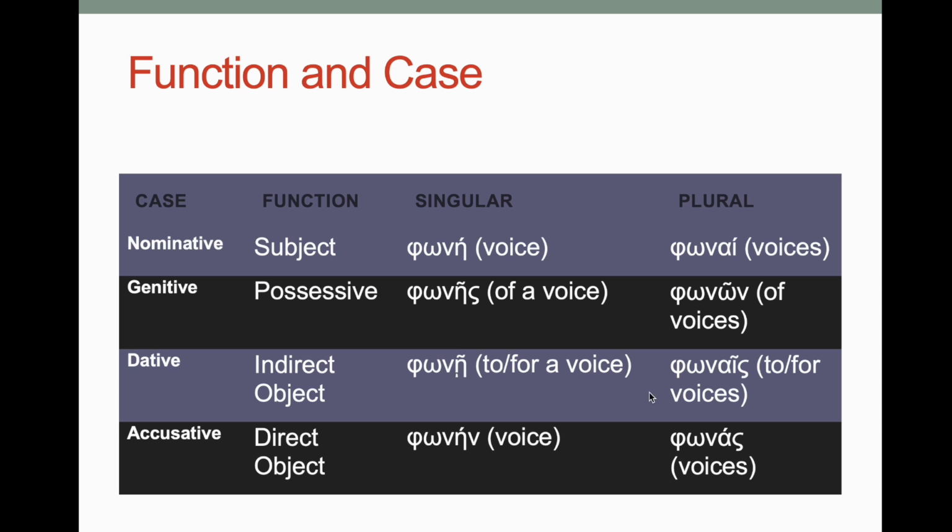It's silent though. The plural form is phonais, so singular to or for a voice, and plural to or for voices. Finally, the accusative is the direct object, and there we have phonane or phonas, voice or voices.